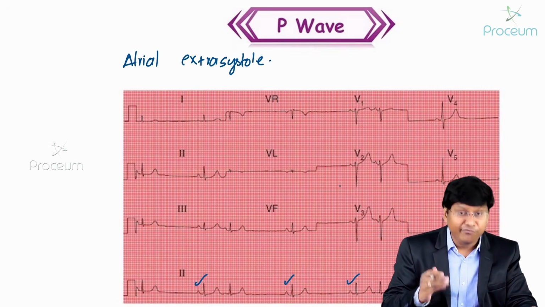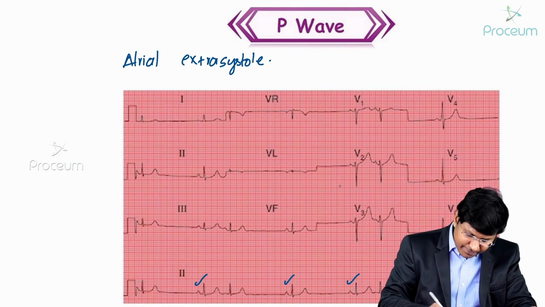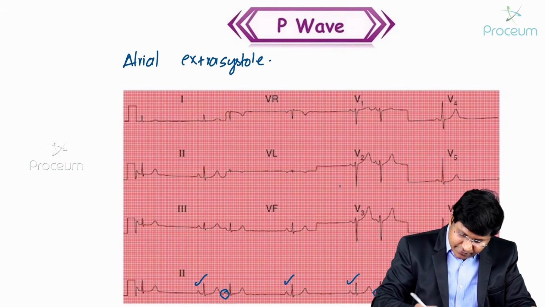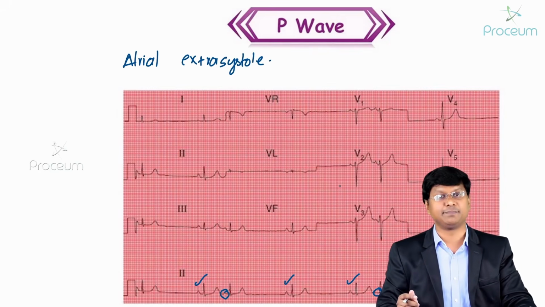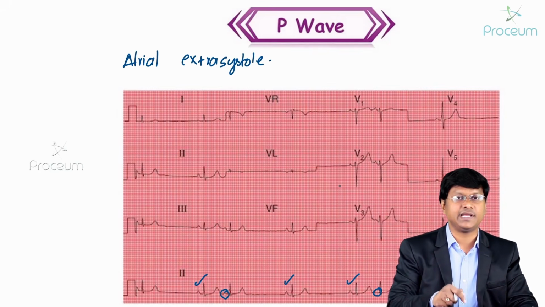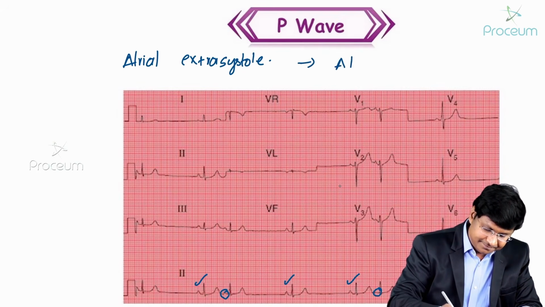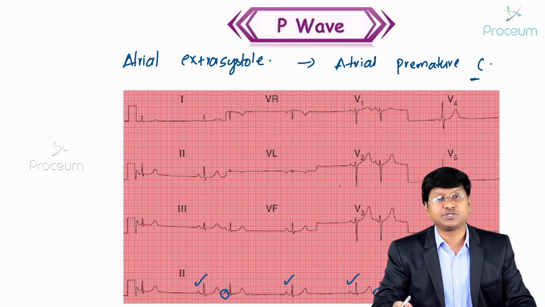But before the appearance of the next complex, you have one more complex with an abnormal P wave, and here also the same thing. Before the appearance of the next normal complex, there is another complex with an abnormal P wave, and this is nothing but your atrial extrasystole or atrial premature contracture.